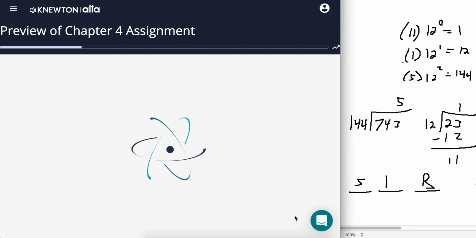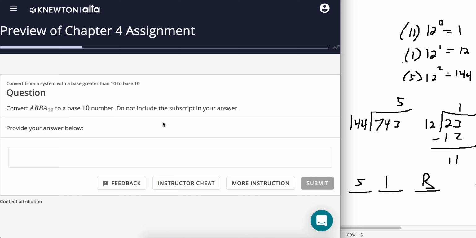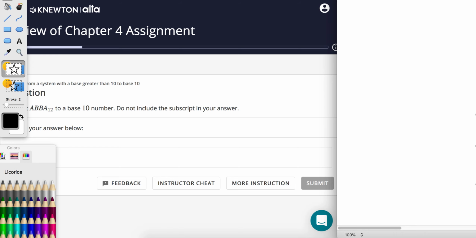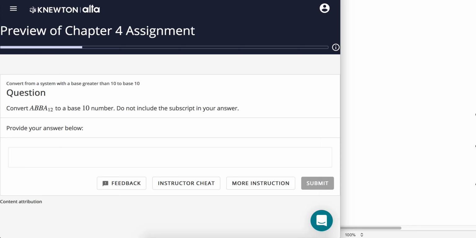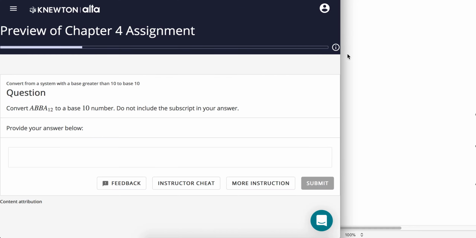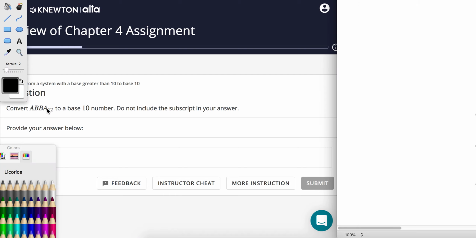Okay, so I thought that part would be confusing when you see the letters. A, B, B, A. I can show you what this looks like. This is just in reverse, okay? So A, if you look at your letter conversion chart, A represents the number 10, okay? So this number is in base 12. So this is A, this is 12 to the 0, 12 to the first, 12 to the second.